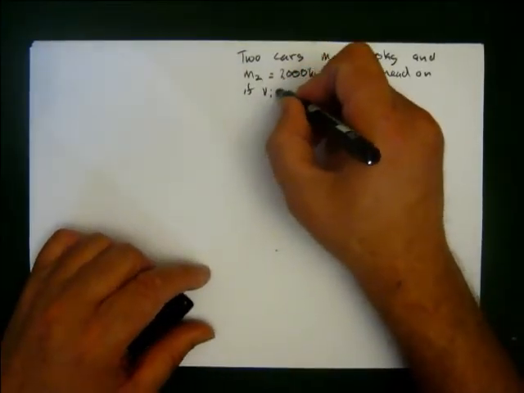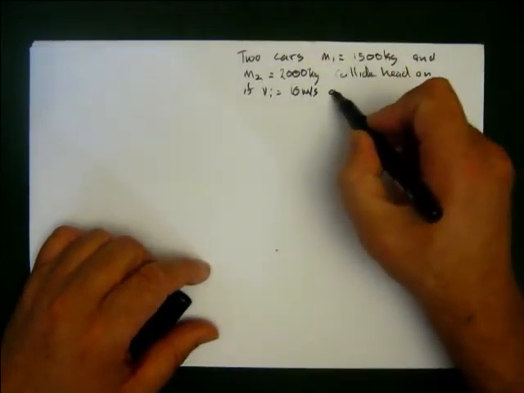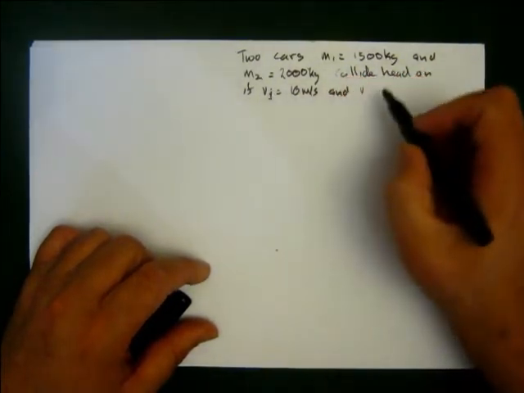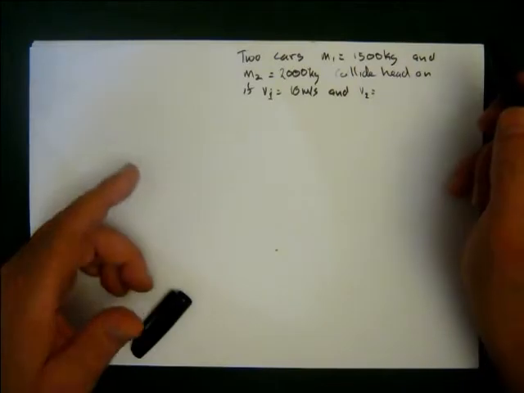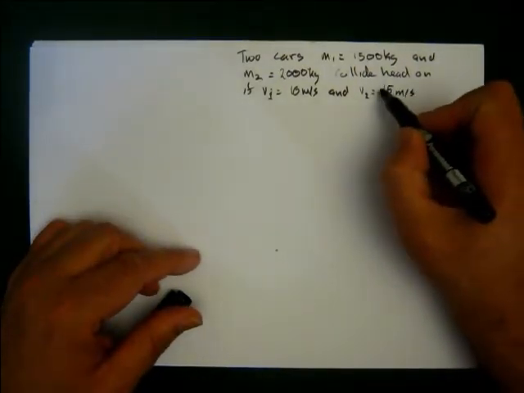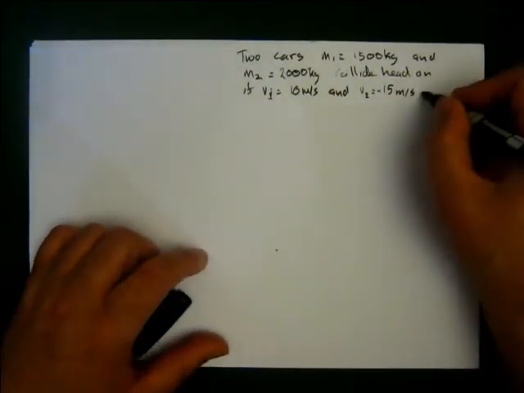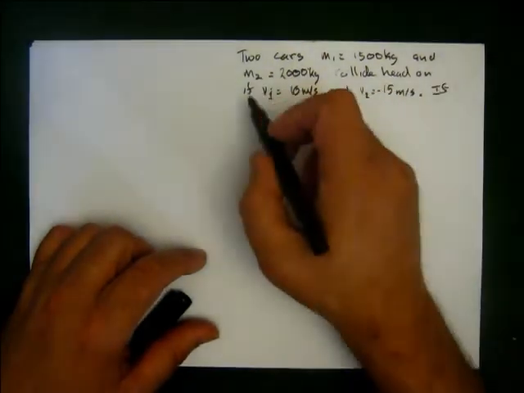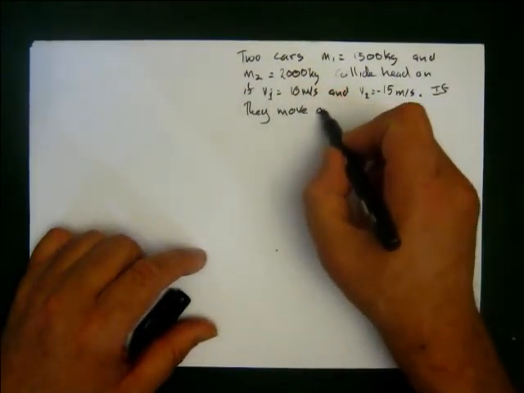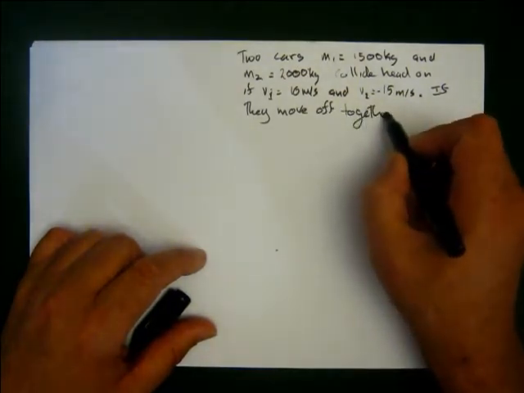If V1 equals 10 meters per second, and V2, sorry, that's 1, isn't it? V2 equals, let's say, 15 meters per second, but because it's head on, it's going in the opposite direction. If they move off together, what is their final velocity?